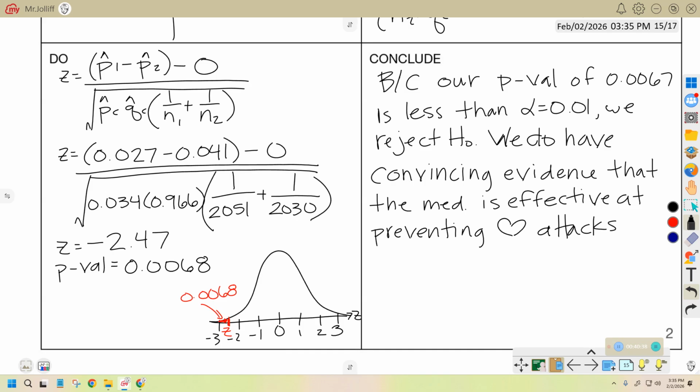Bless you. And I'm going to state the population that we performed this study on. Who are we trying to prevent heart attacks in? Middle-aged men with high cholesterol. Good.